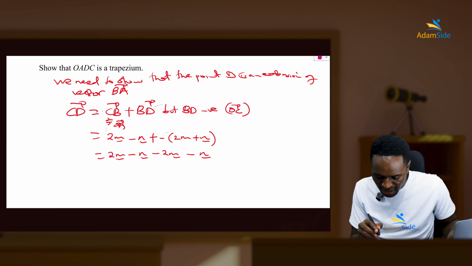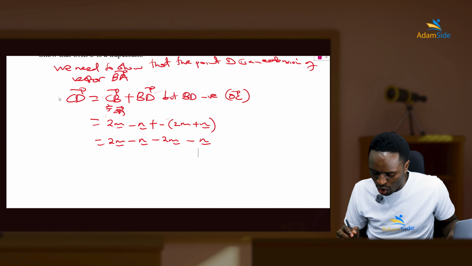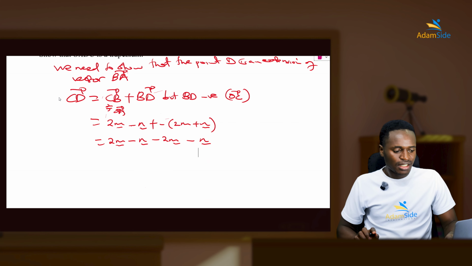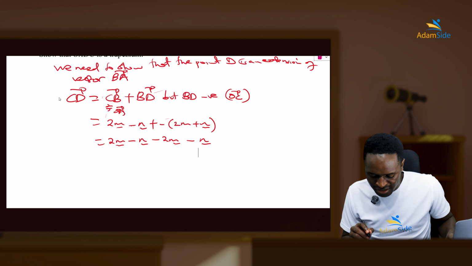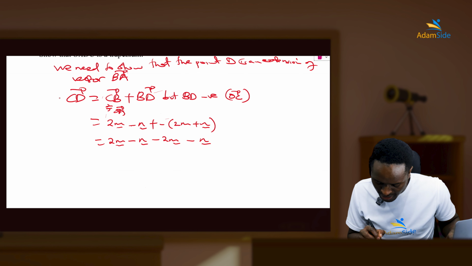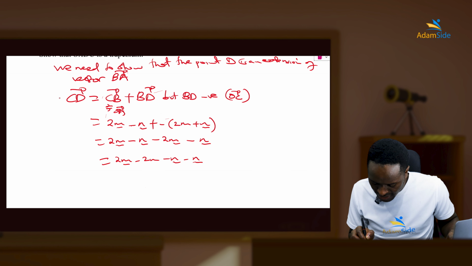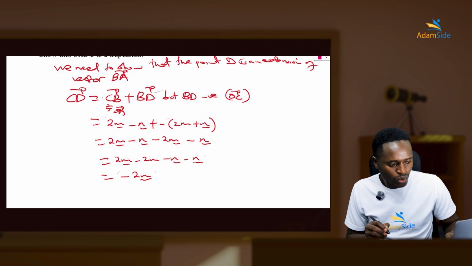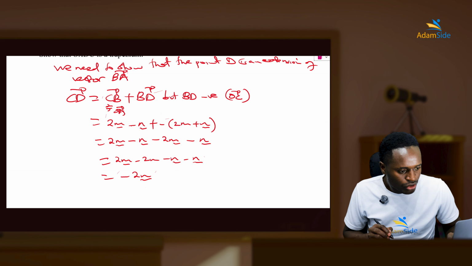Remember vector AD is also a vector, so we say plus 2m minus n. When you do this, you end up getting 2m minus 2m, minus n minus n. What do you get? You get negative 2n.